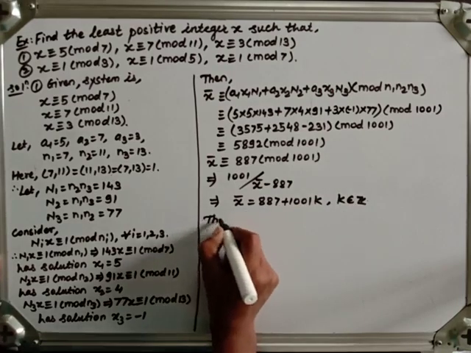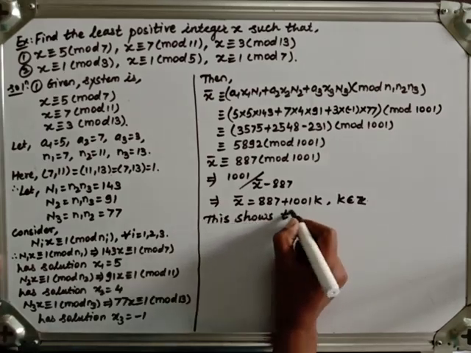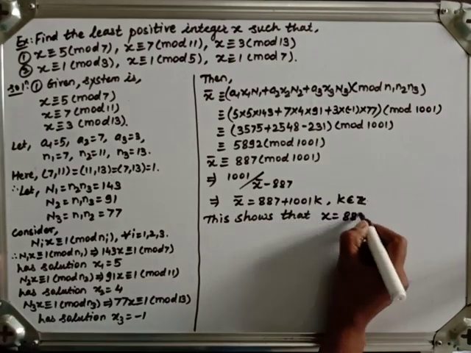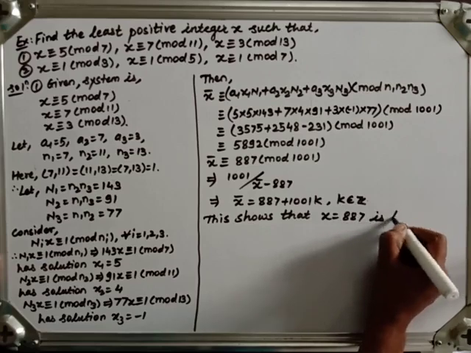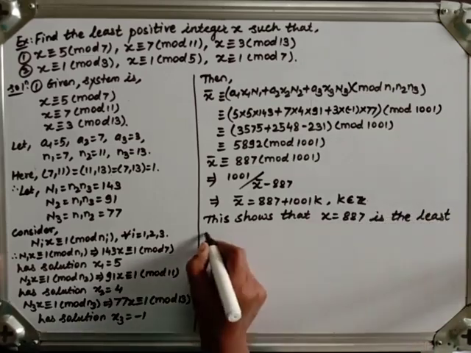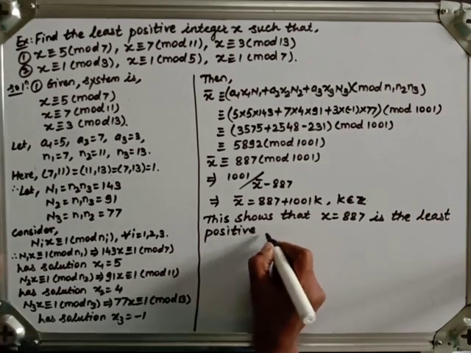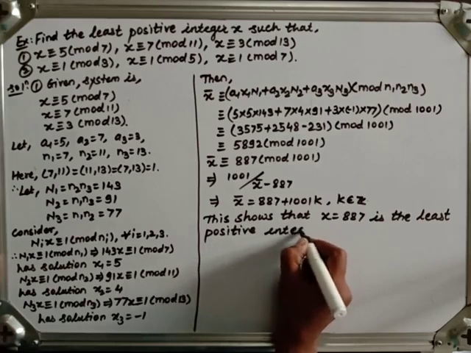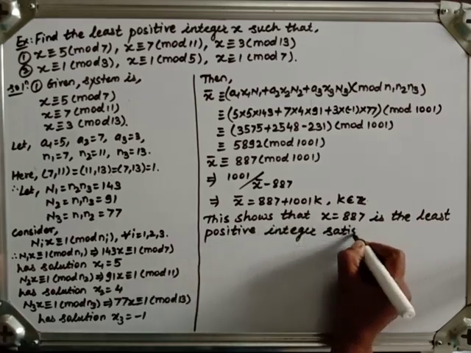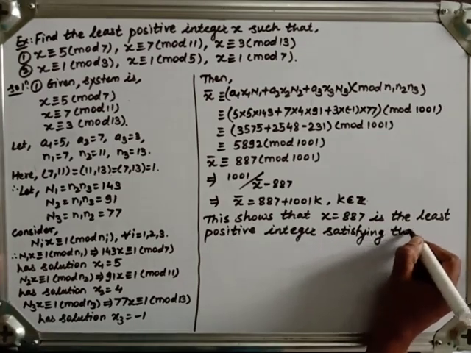So this shows that x equal to 887 is the least positive integer satisfying the given system.